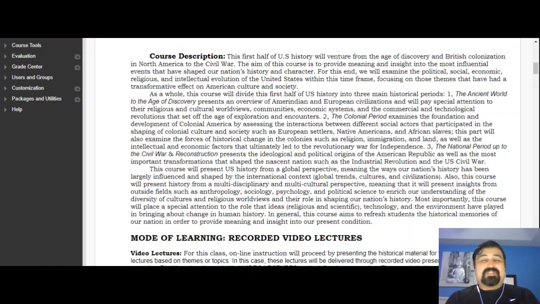So this is U.S. History 1301, which means this is the first half of U.S. history. That is going to venture from the ancient world, the world that was inhabited, for example, by the indigenous peoples of America. So we have to start there.